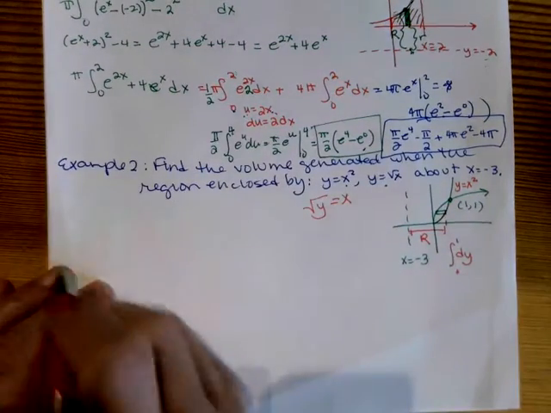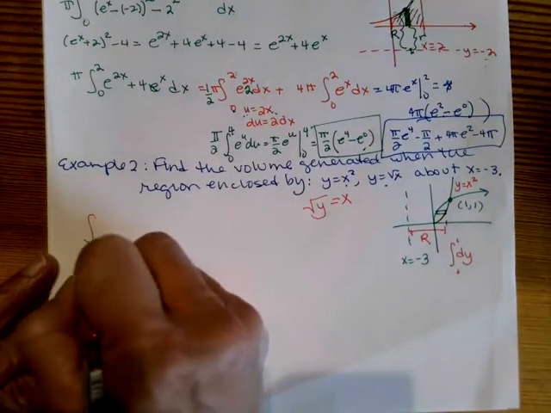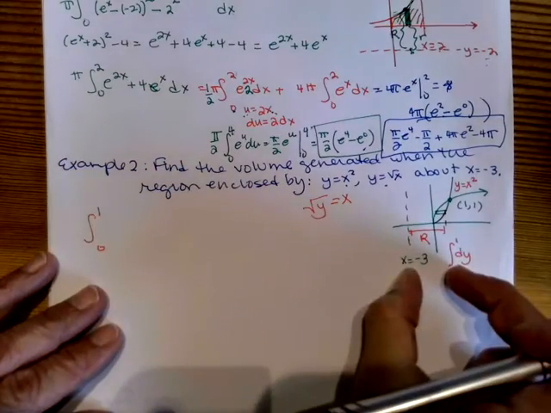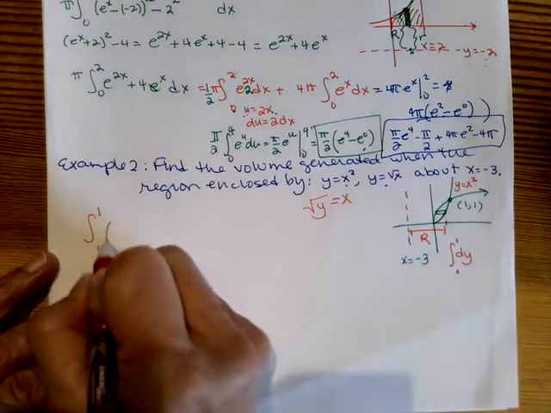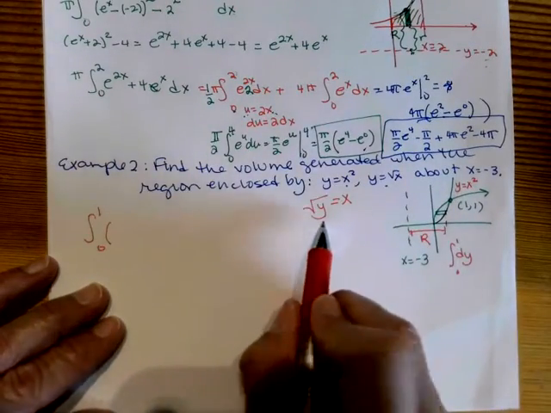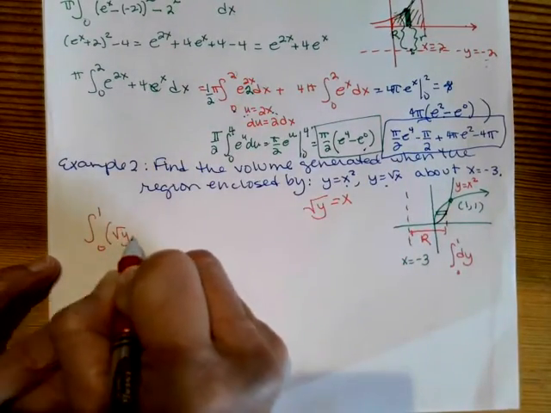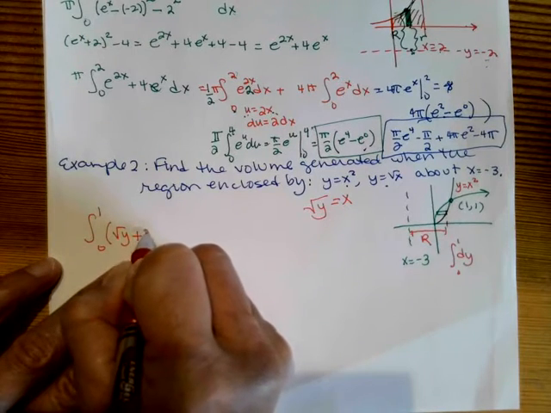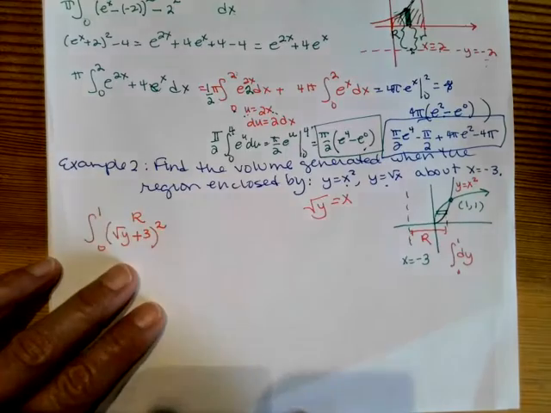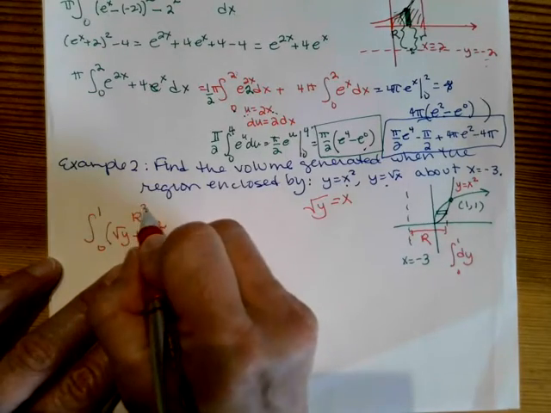Okay, so looking at that capital R, between 0 and 1, my capital R is going to be square root of y minus the -3, squared. Okay, so there's my capital R squared.